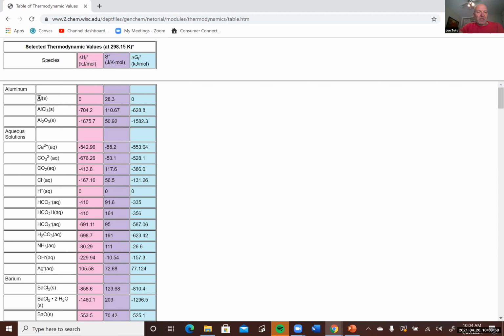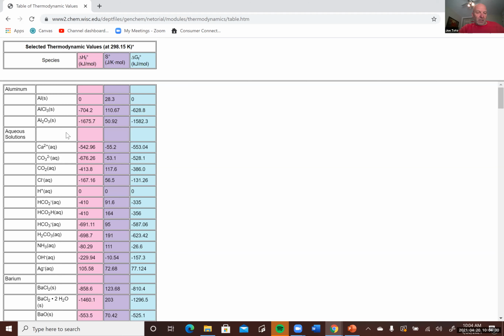When we go down, we see this first one right off the bat, aluminum solid. Well, that's the way it exists under standard conditions. So it's not going to cost us any heat energy to form them. And it also has a change in Gibbs free energy of formation of 0 by definition, because that's the way it exists naturally. As opposed to entropy, we don't have a 0 value for aluminum.